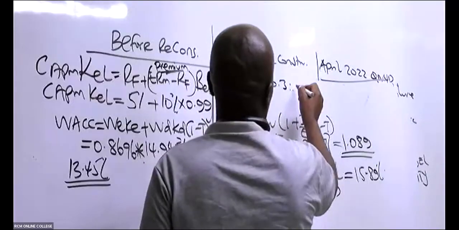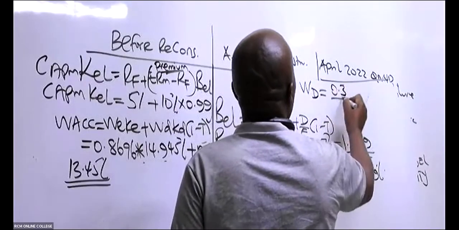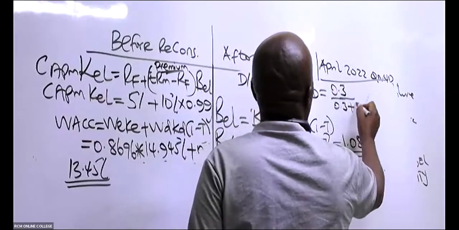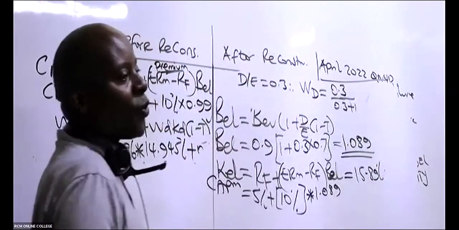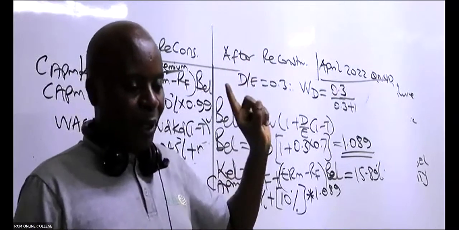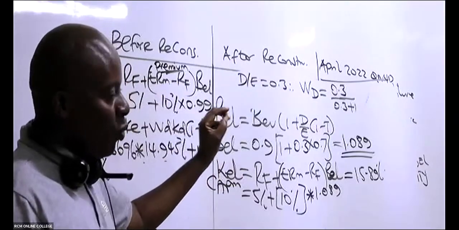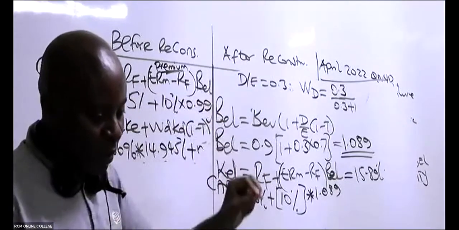Yeah. Then I will easily give you weight of debt, which will be 0.3 divided by itself plus 1, which is the same as 0.3 divided by 1.3, which will give us what answer?